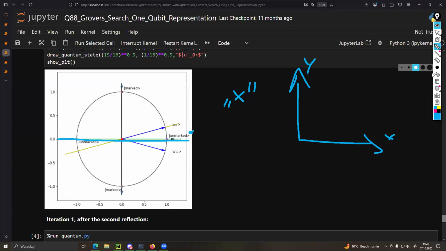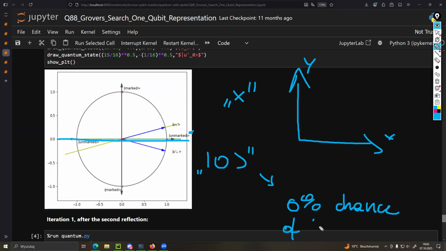This is like probability of relative zero towards not finding any of our solution. We have 0% chance of finding an answer. This is the unmarked state, complete unmarked state.